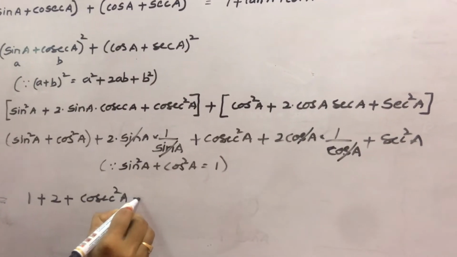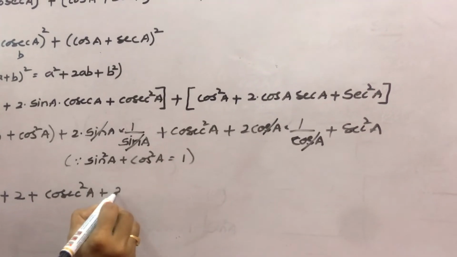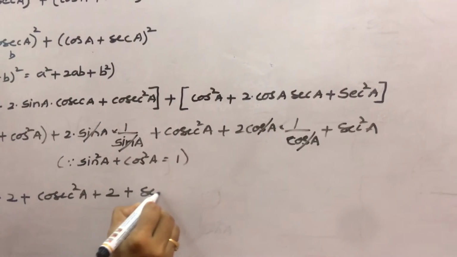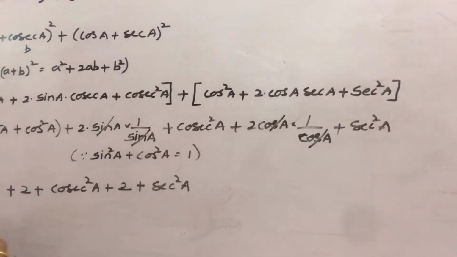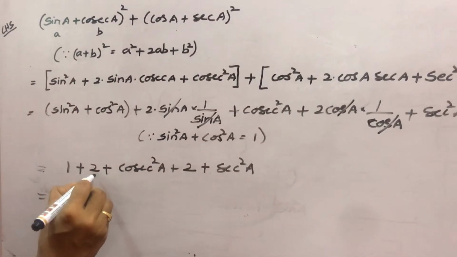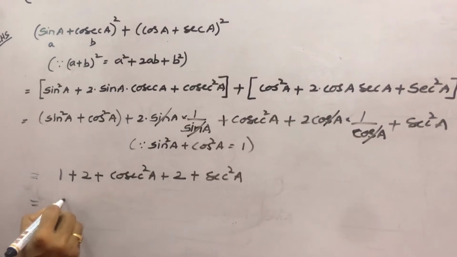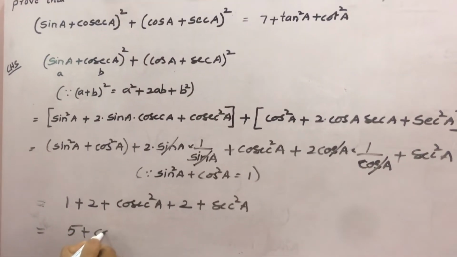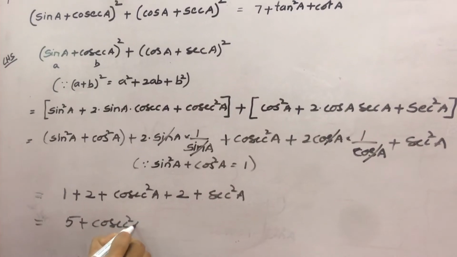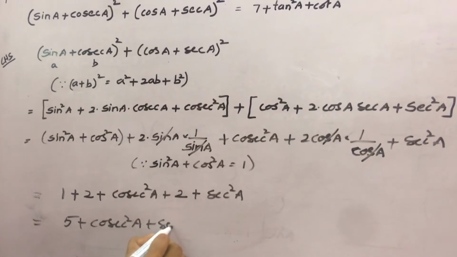Cosec square A. Here also 2 into 1 is 2, plus sec square A, which is equal to 1 plus 2 is 3, 3 plus 2 is 5. 5 plus cosec square A plus sec square A.